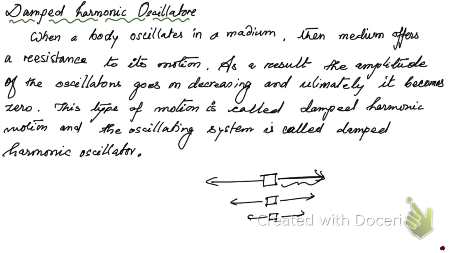Here is the amplitude the first time, the second time, the third time. This way the amplitude goes on decreasing, and a time will come when the amplitude will be zero, which means the oscillation dies out.